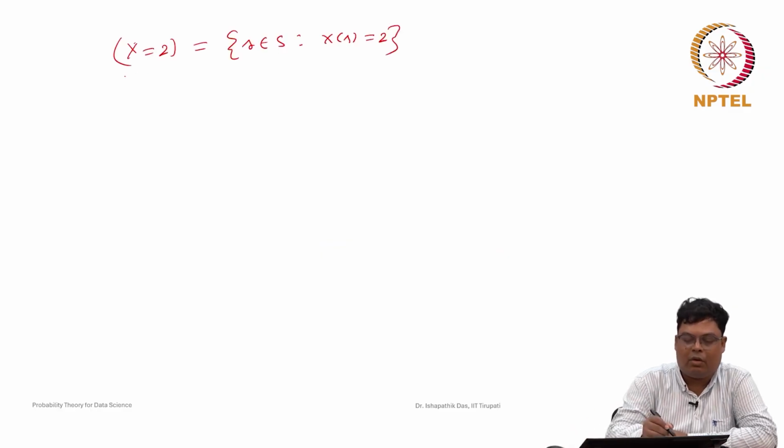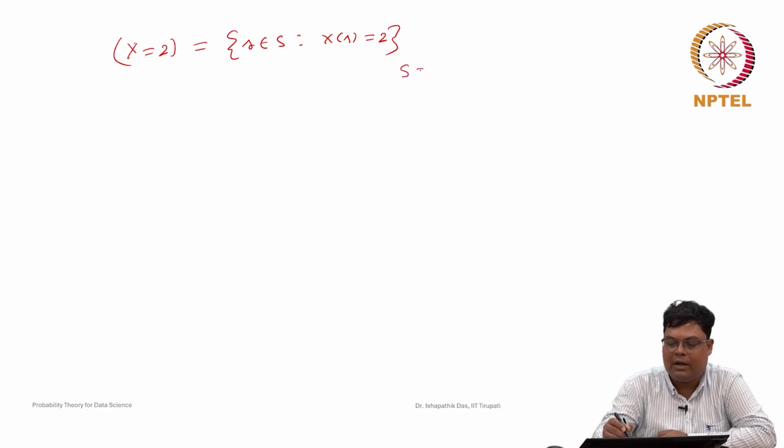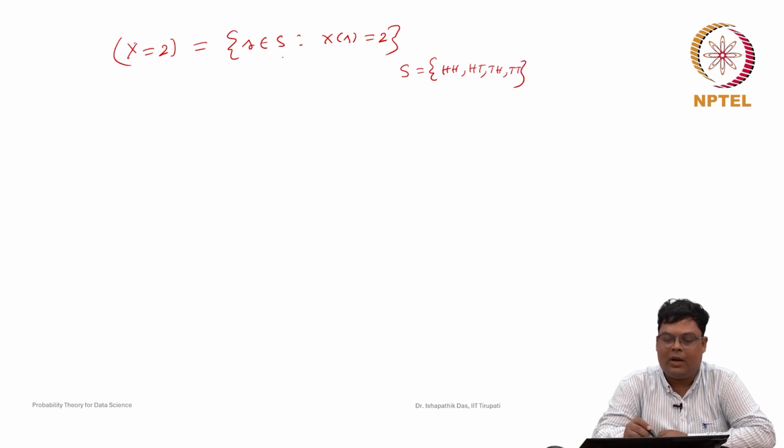Let us remember that the sample space contains 4 points: S is equal to head head, head tail, tail head and tail tail. Now, X(s) equal to 2 means the number of heads will be 2.